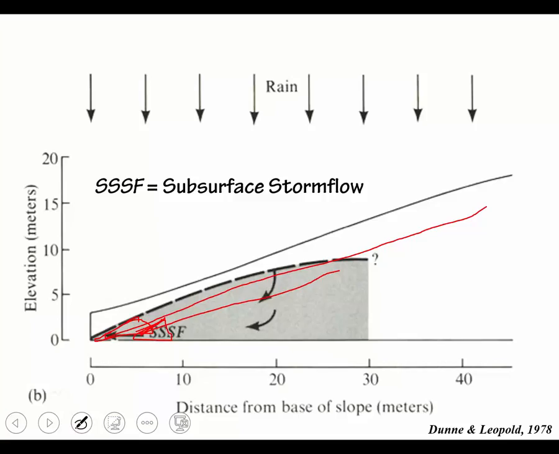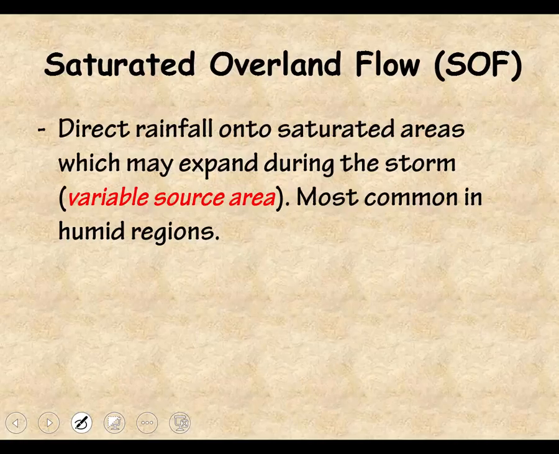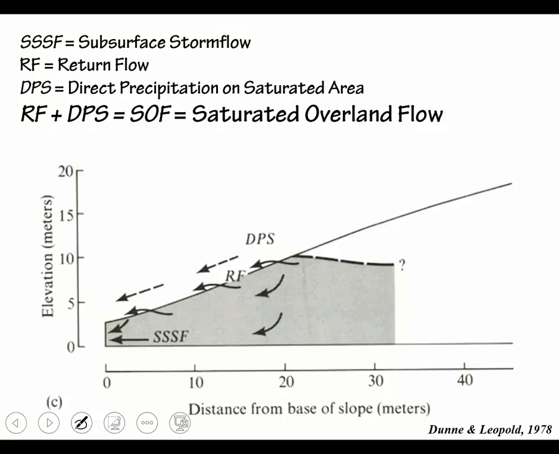Now, look what would happen if that water table continued to rise and intercepted the surface here. Okay. We're going to have a saturated area that when rain falls, it has to run off. In fact, there's water that's returning. And where is it coming from?